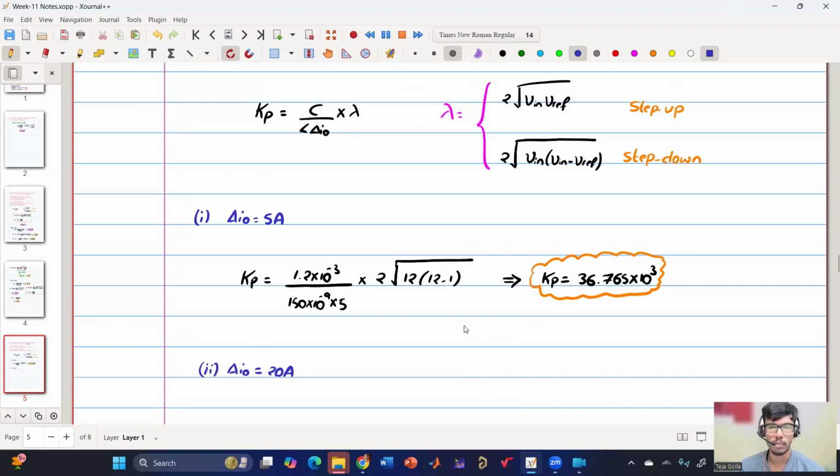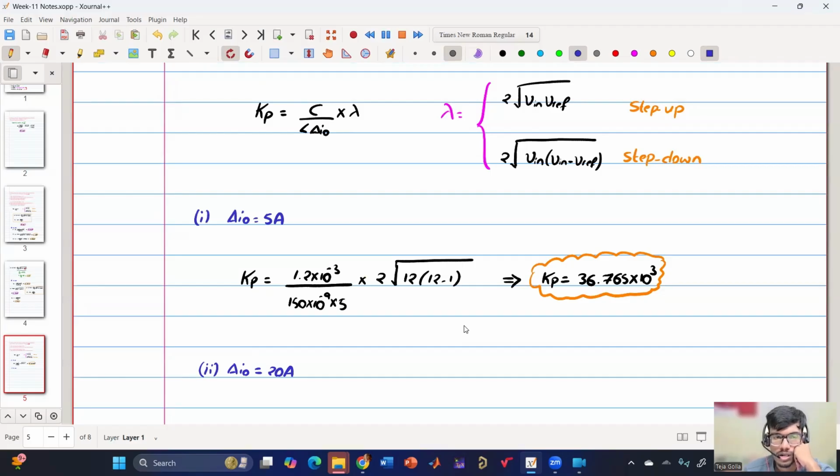Yeah, so now please calculate for this new set of load transient, and let us see whether we are able to get the same expression or not. So 9.19 into 10 to the power 3.